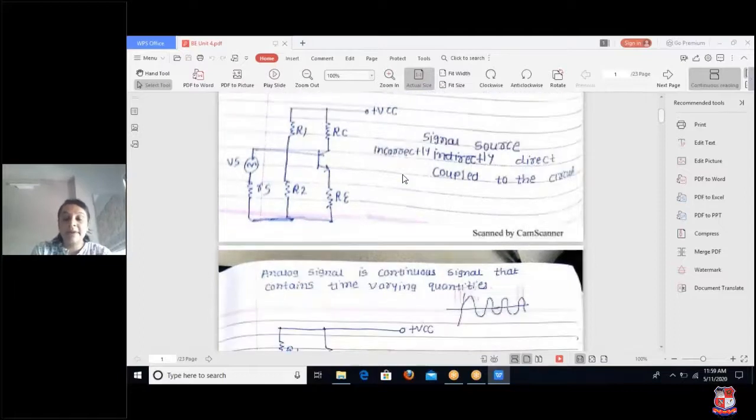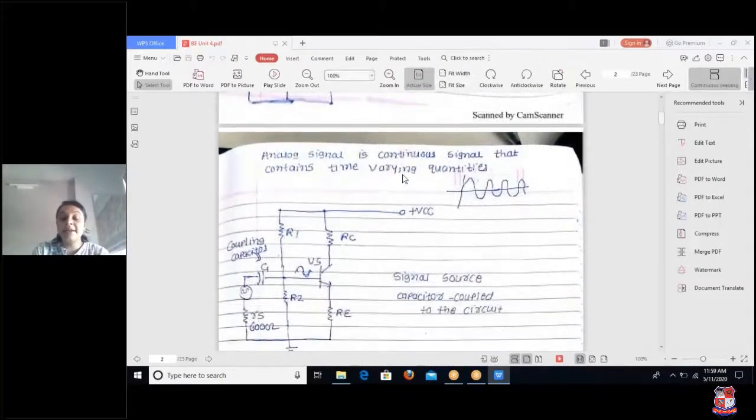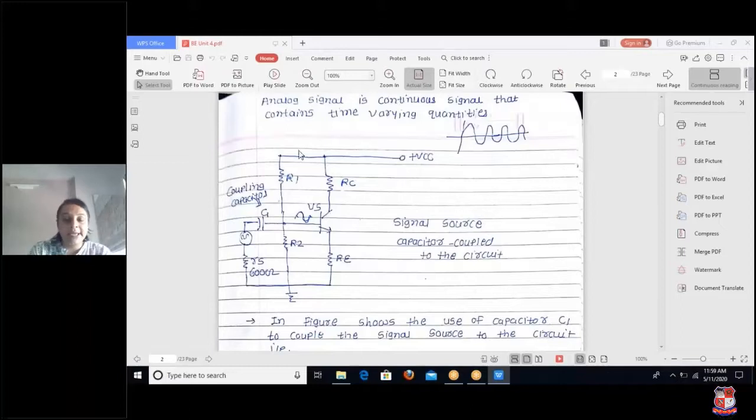So whenever we analyze the AC signal, on the input side we connect one coupling capacitor, in between the source and the input. The coupling capacitor blocks the DC signal and only passes the AC signal, and the AC signal goes directly to the input side.